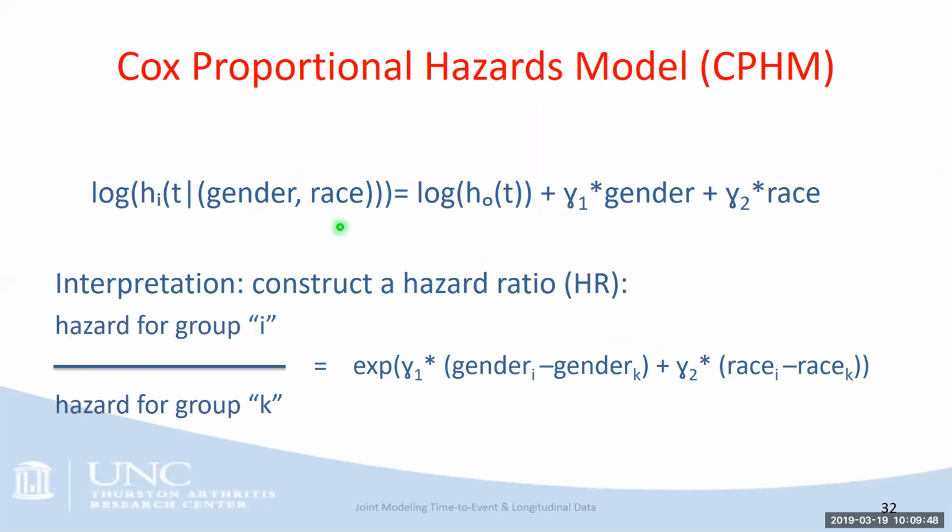So again, if we're looking at this very simple example, how would we then interpret the results? We usually construct a hazard ratio where we take the hazard for one group over the hazard for another group, and that way we can talk about differences in the risk of event related maybe to difference in gender or difference in race for those groups.